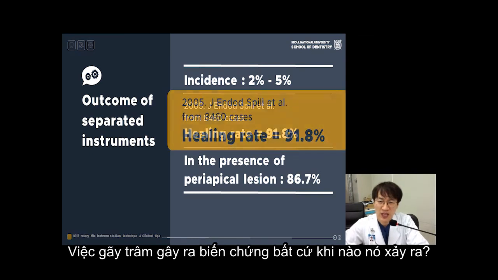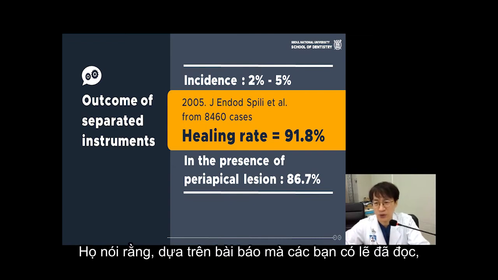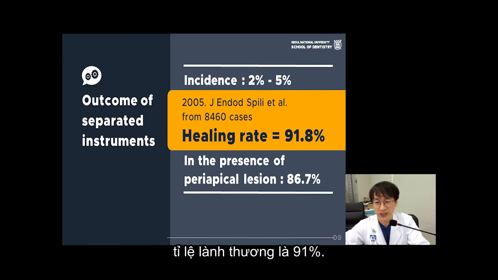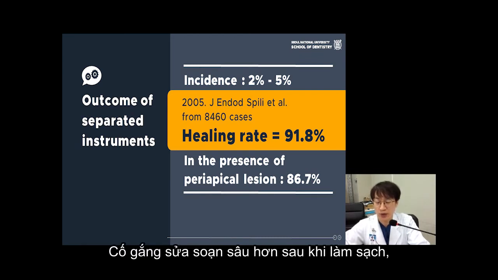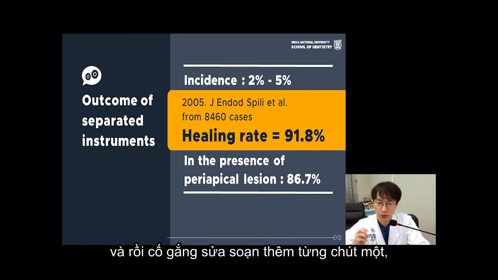So is that going to have a problem whenever you have separation of the file every time? No. They say that according to the article, you probably studied that, the healing rate is 91%. So try to go to the deep after you sterilize, clean the root canal, and then try to go deep little by little.